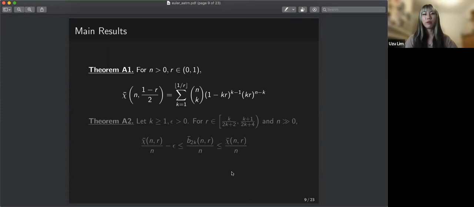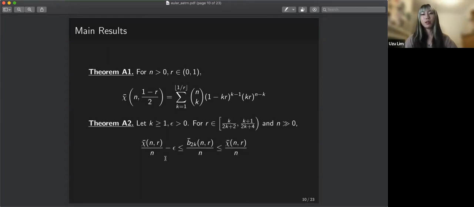And the second theorem is that the peaks actually correspond exactly to certain even Betti numbers. So you can pick any epsilon, and then for a radius falling into a certain interval, like between the peaks just now, the Euler characteristic, when normalized by dividing by n, uniformly converges to the Betti number.